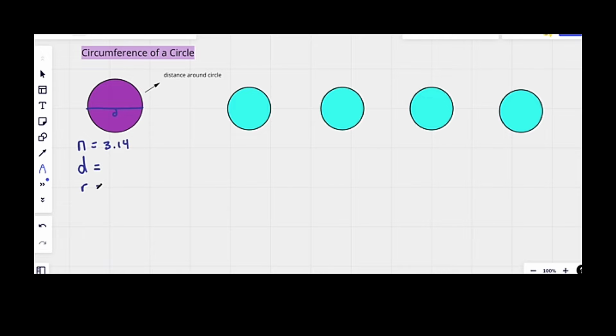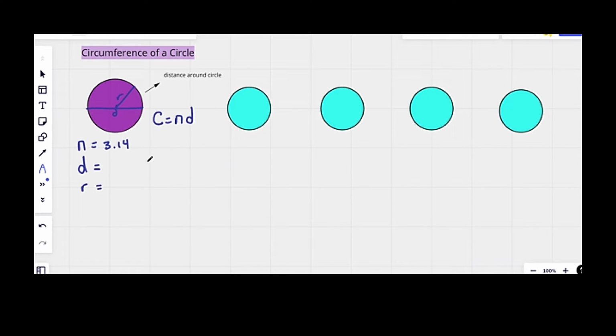And the radius is half of this circle. So from this point here, you'll be given the radius. And so we need to use the radius sometimes to calculate the diameter. So once we have that information, we can then use our formula, which is circumference equals pi times diameter.